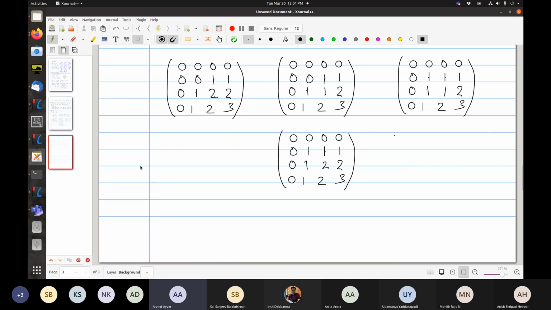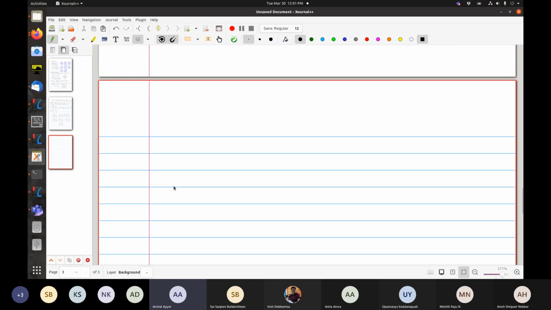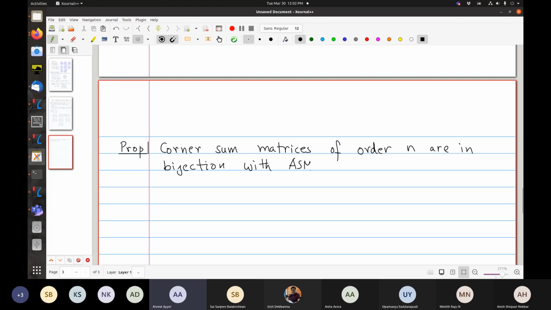So that gives the next proposition: corner sum matrices of order n are in bijection with ASMs.